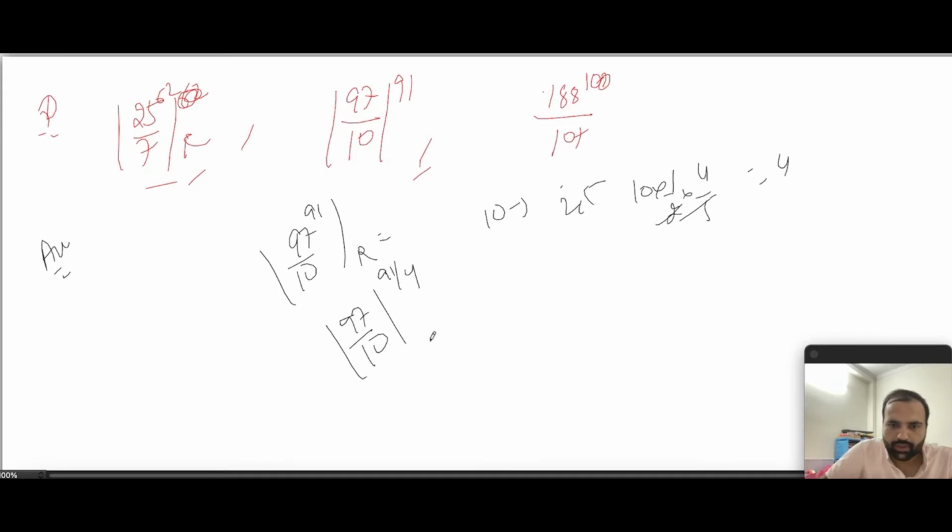So it should be 97 by 10, we get 7, and then we have 94. 22 into 4 is 88, so the remainder should be 3. So it will be 7 to the power 3 by 10.